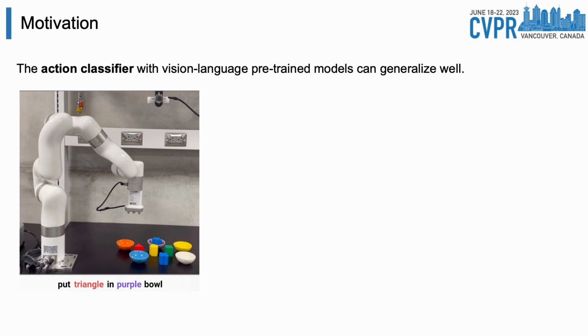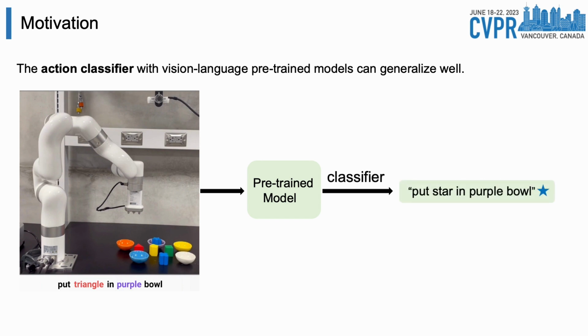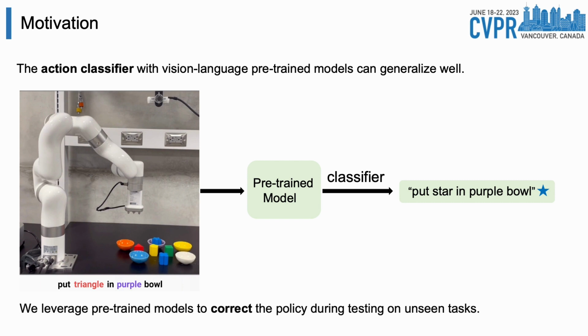And when we feed the demonstration as input of the pre-trained model, it can correctly classify it as put star in purple bowl. The vision language pre-trained models can generalize well in recognizing visual concepts.